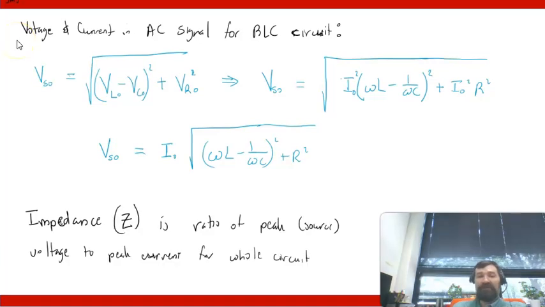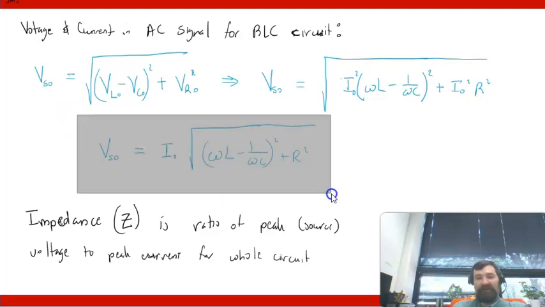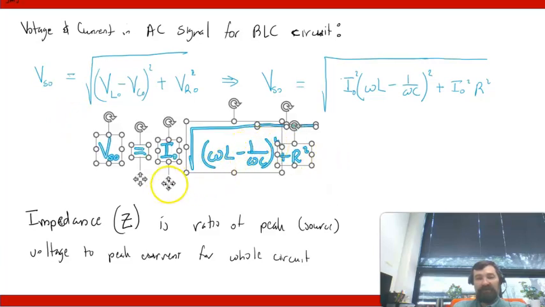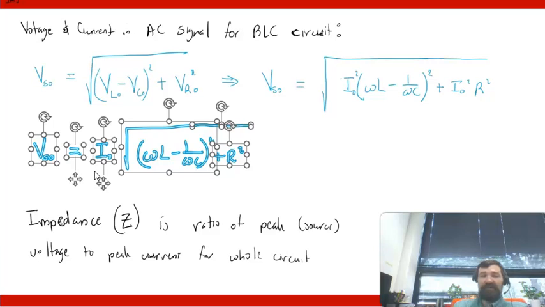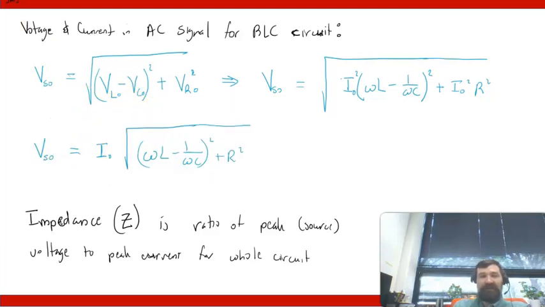Now it should be evident from this definition that the impedance is going to be given by this equation here that I've highlighted, divided on both sides by the peak current I naught.